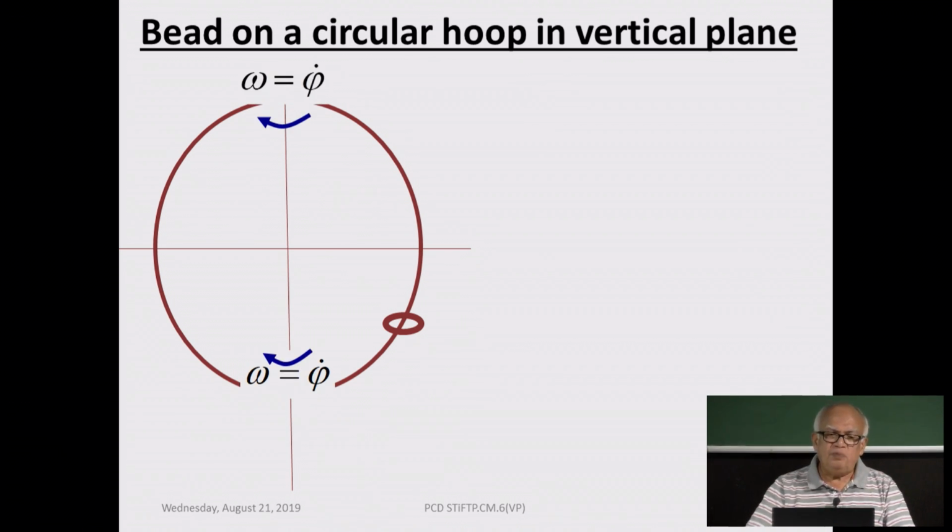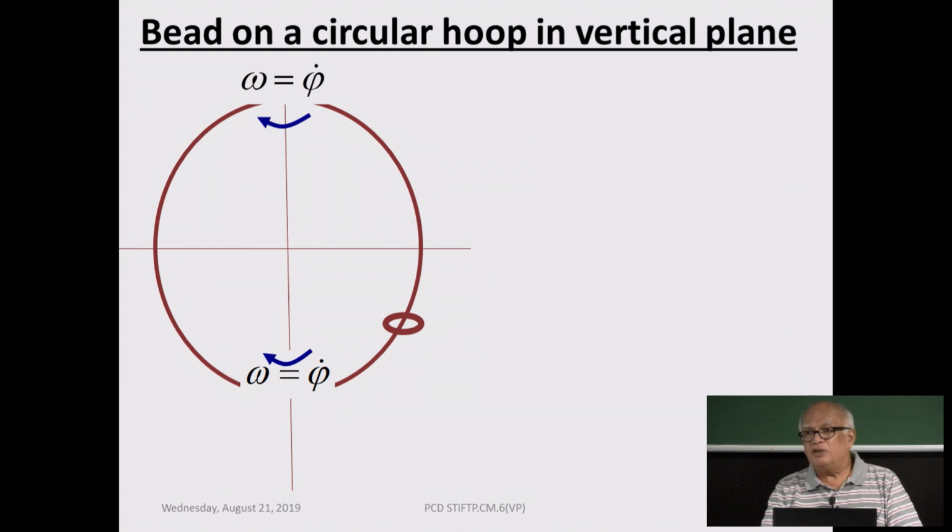But what if you spin it? If you spin it about a vertical axis, then you are going to have to solve the equation of motion, and how would you solve it? You will have to write the forces acting on it, and the forces, of course, are the gravity.